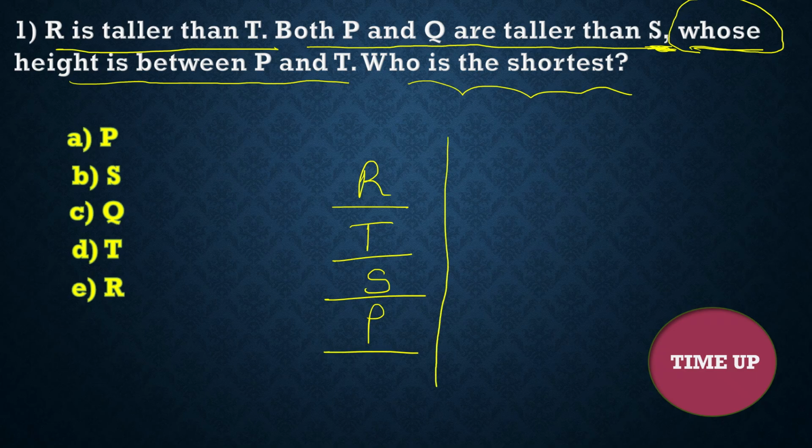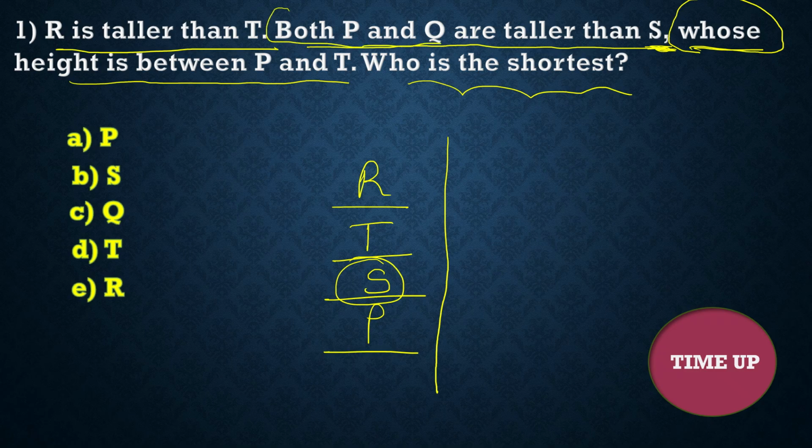Or the other possibility can be what? The other possibility can be R is here, but see here, what they have said is that the height is between P and T. Correct? S is between P and T, but here what did they say?